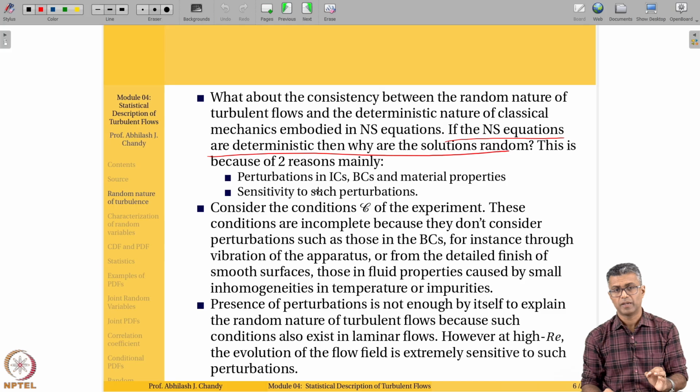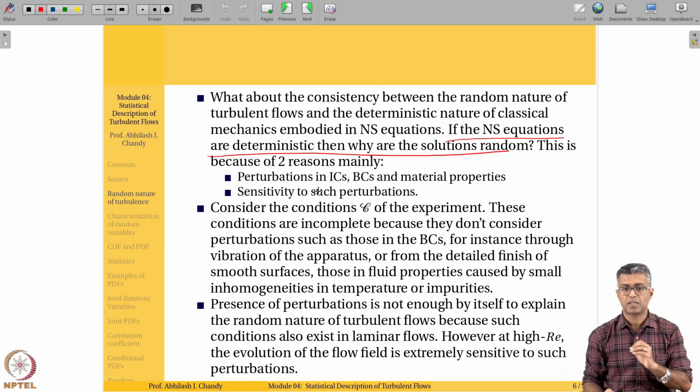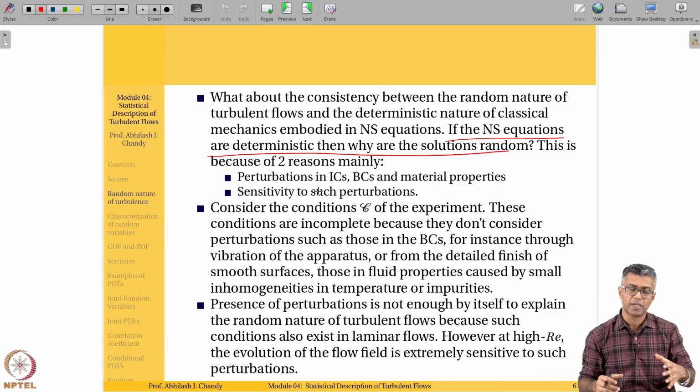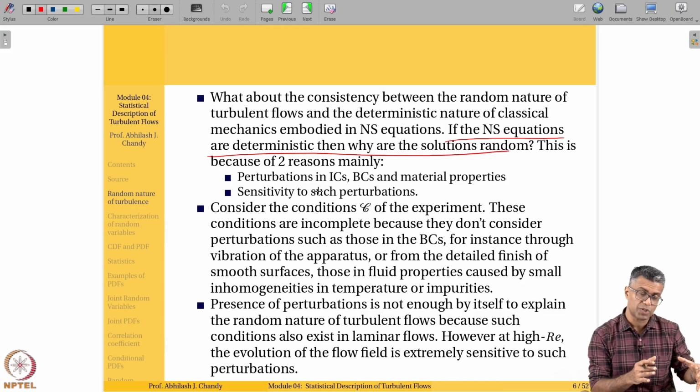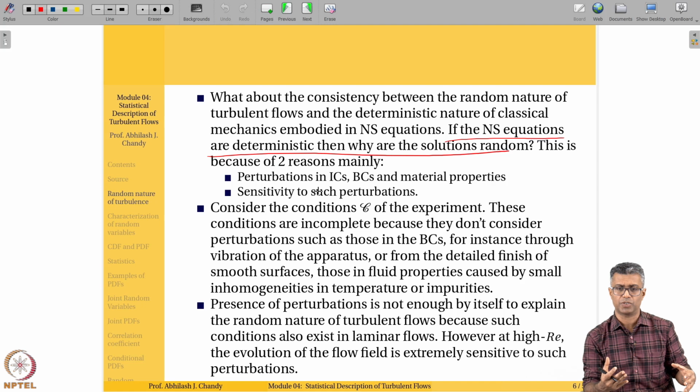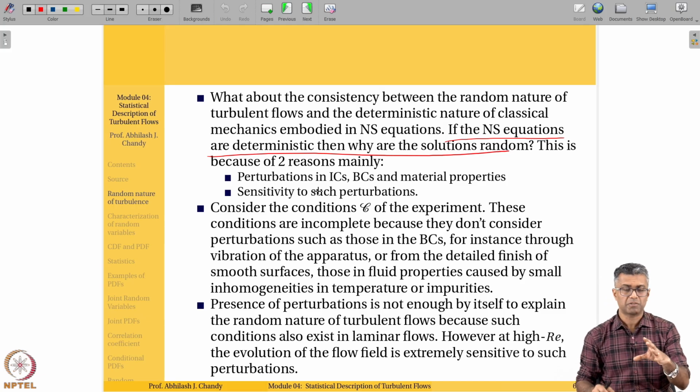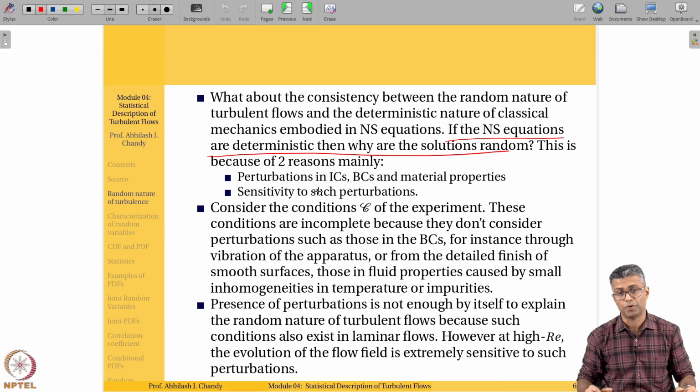So let me explain this in more detail. Consider the condition C of the experiment. The same conditions. These conditions are incomplete by themselves, so we have to specify certain boundary conditions, isn't it?